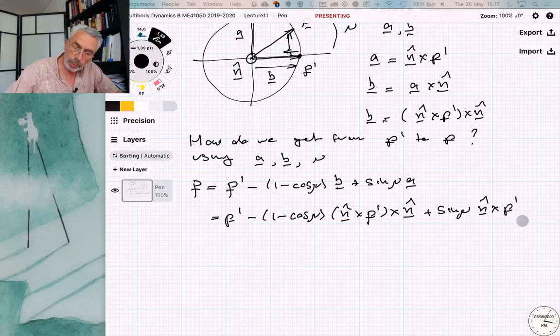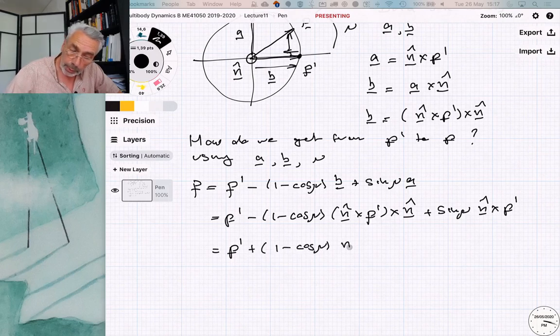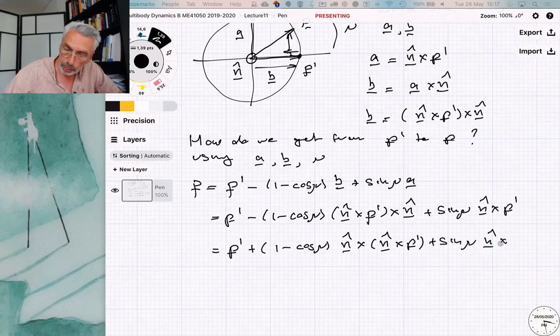Actually, I want to have all the p primes at the end, so I'm going to change the order of the cross product, and if I change the order, I have to change the sign. So I get p prime plus 1 minus cosine mu times n hat cross n hat cross p prime, plus sine mu n hat cross p prime. Okie dokie.